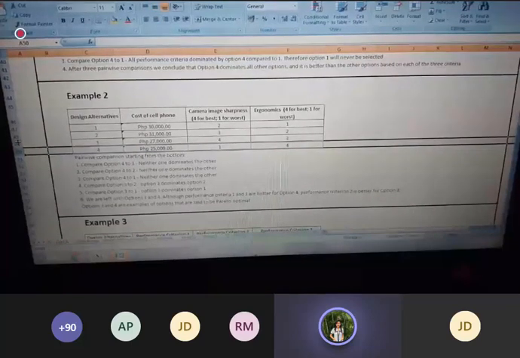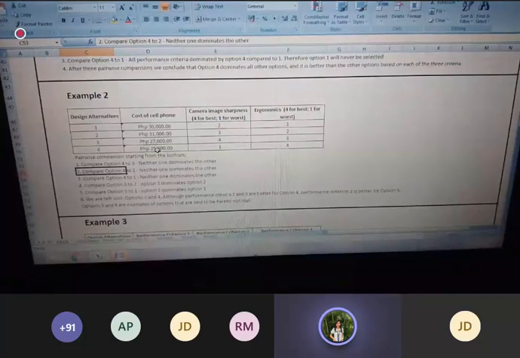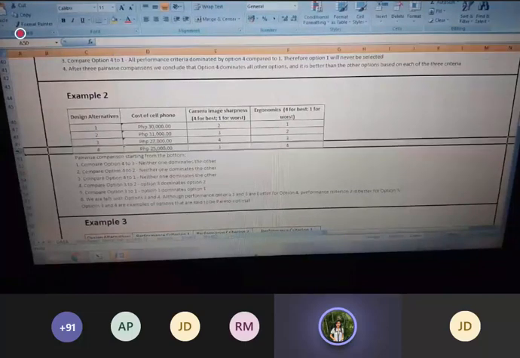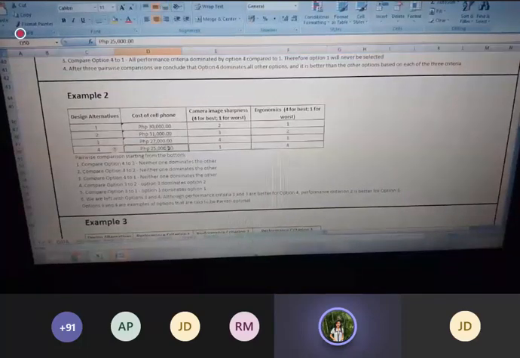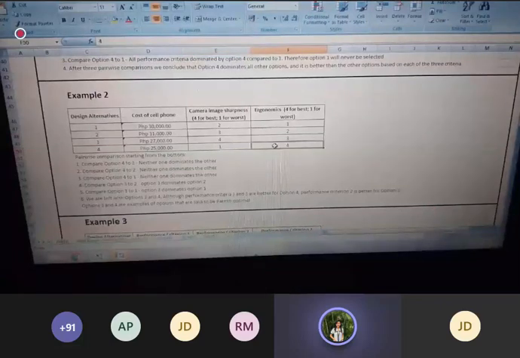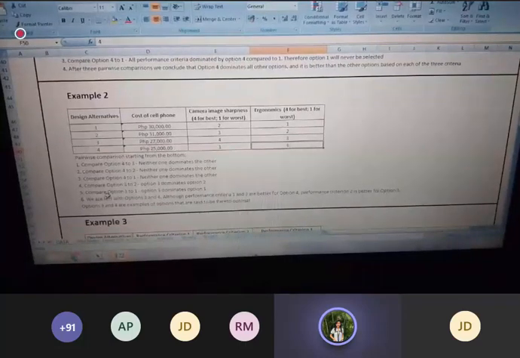For options 4 and 2, when it comes to the cost of the cell phone, option 4 is better. For the camera image, option 2 is better. For ergonomics, option 4 is better. So for the comparison of option 4 and 2, neither one dominates the other.